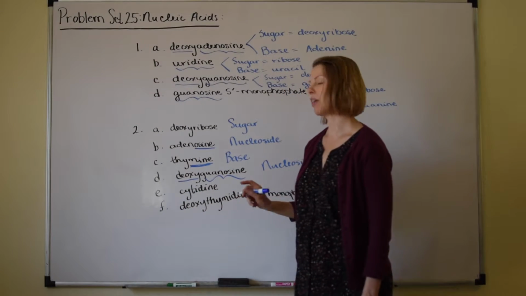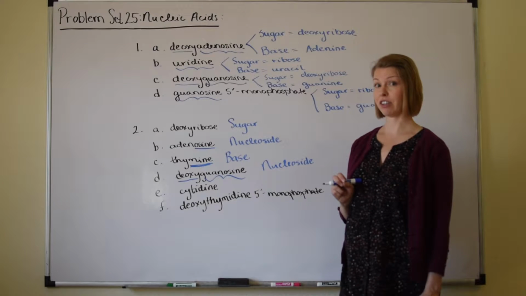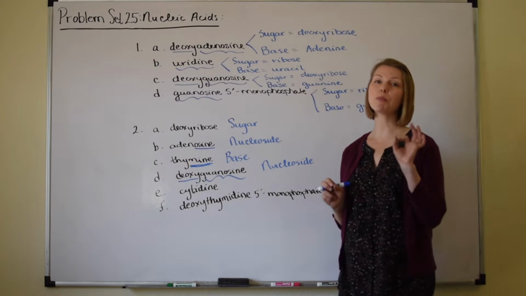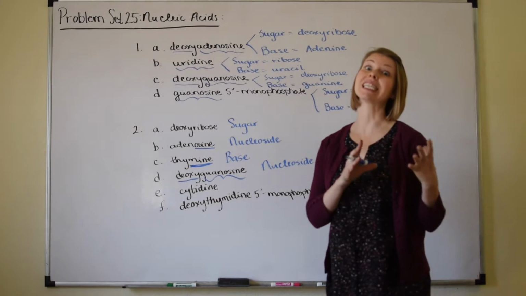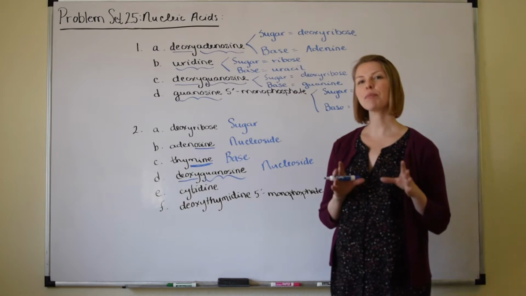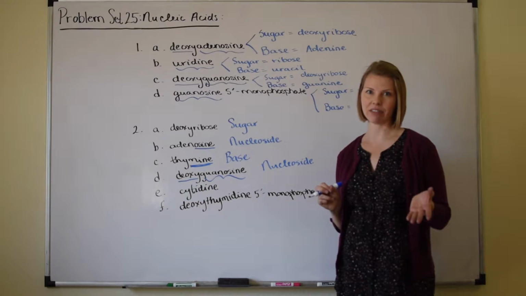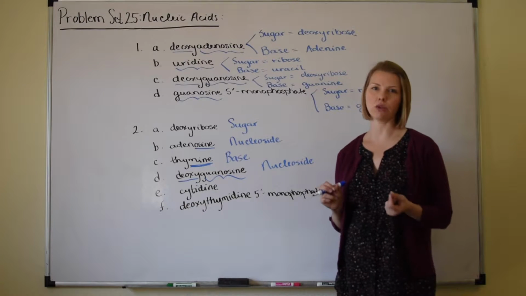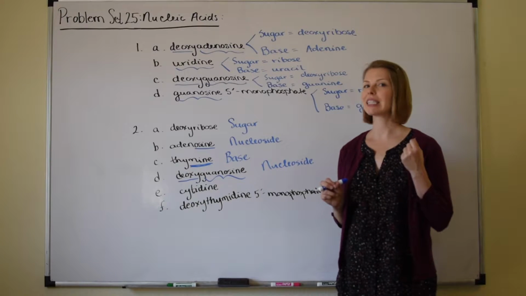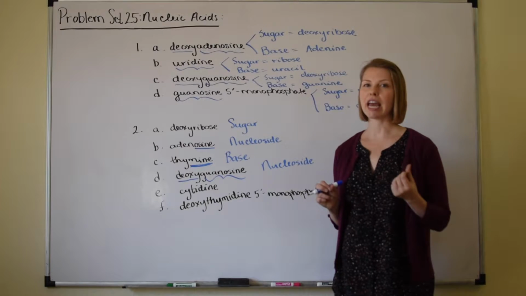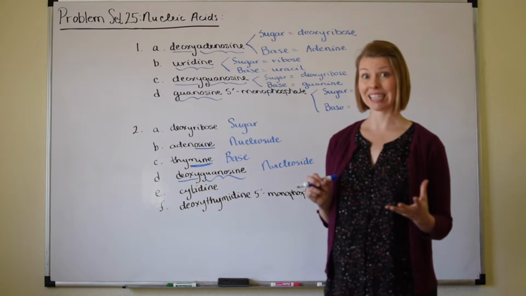Cytidine. Now this one I think is confusing, okay, because the original base name is cytosine. And so a lot of people will see the name cytosine and see the O-S-I-N-E ending and think that that's a nucleoside. But cytosine is the name of just the free base.